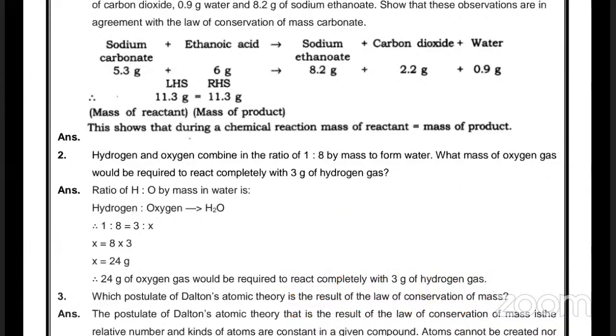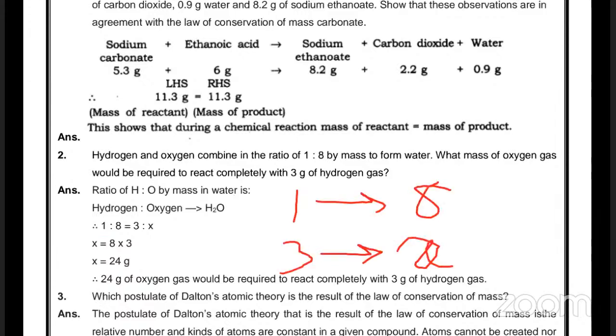So as I said, the ratio of hydrogen to oxygen in water is 1:8. तो ये 1:8 is equals to 3:x. मैथमेटिकली तुम लोग सॉल्व करोगे, 1 के लिए 8 लगता है, सो 3 के लिए कितना लगेगा? So we assumed it as x. मैथमेटिक्स में क्या करते हो आप लोग बेटा, इसमें क्रॉस मल्टीप्लाई करते हो.